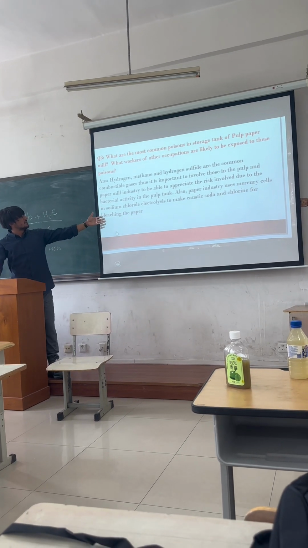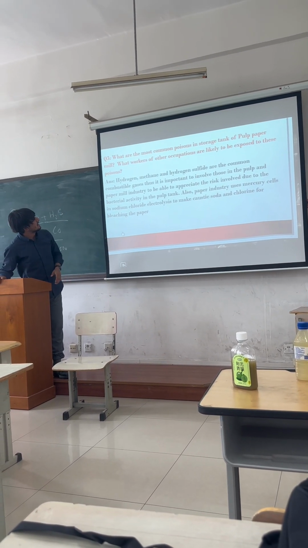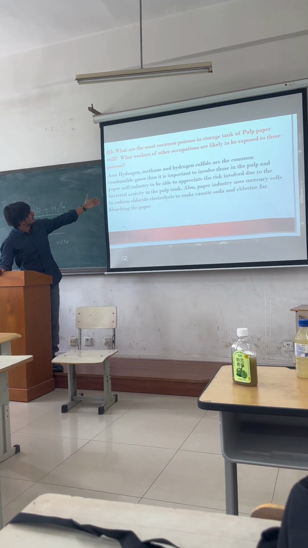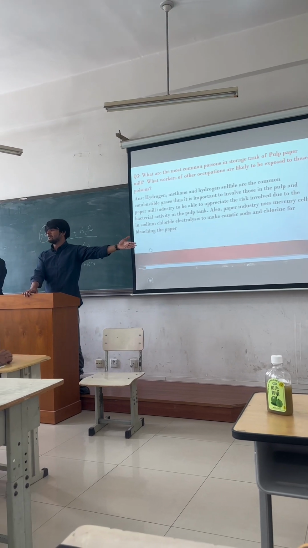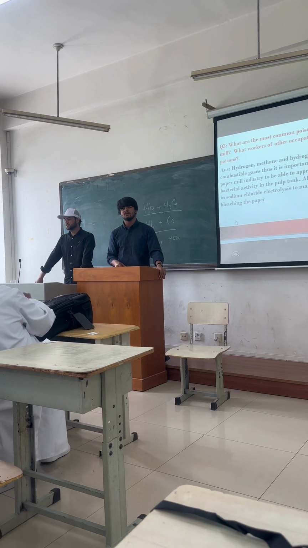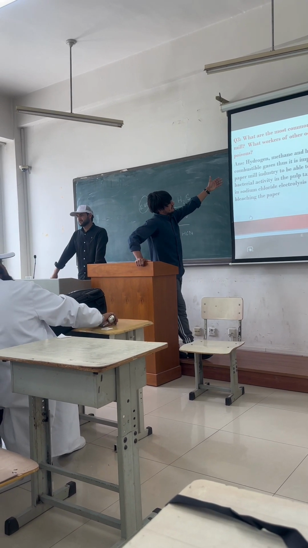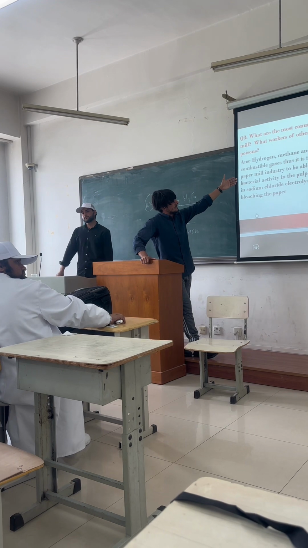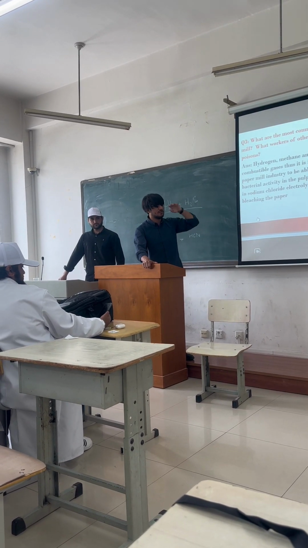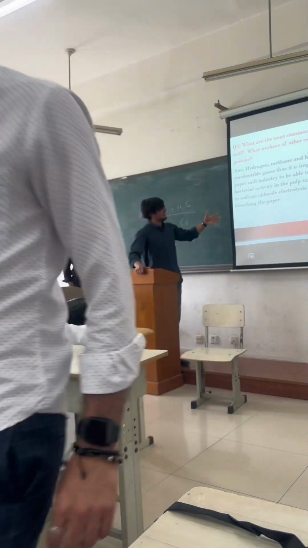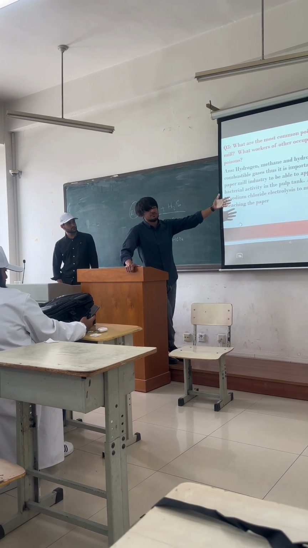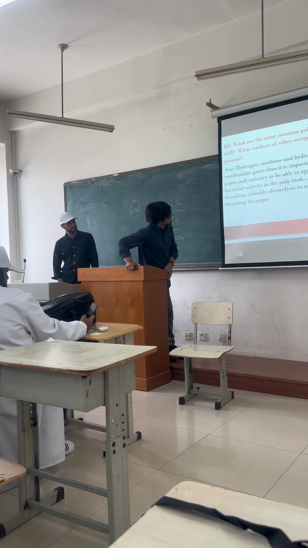This question is trying to tell us that the common poisons in a pulp mill storage tank like hydrogen, methane, and hydrogen sulfide are combustible gases. Combustible gases mean we can burn them, and that's why they are very important in the pulp and paper mill industry. And in another sense, bacterial action, like aerobic or anaerobic reactions, happens due to these gases.